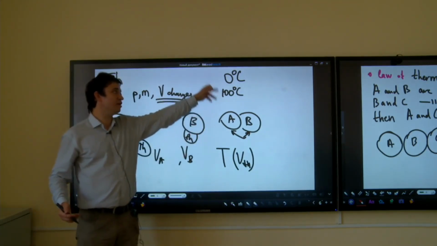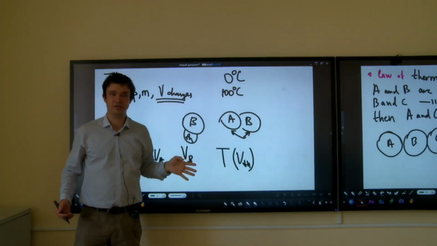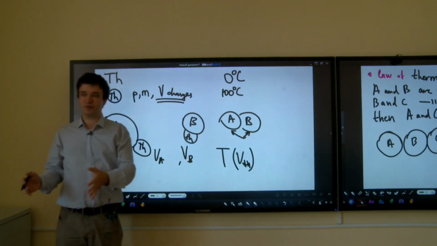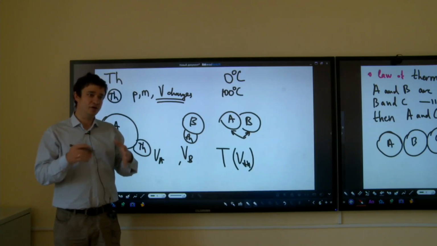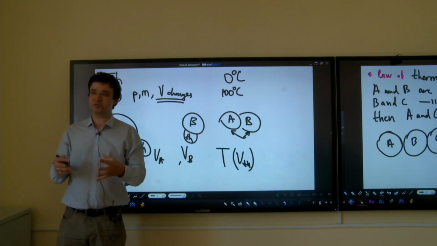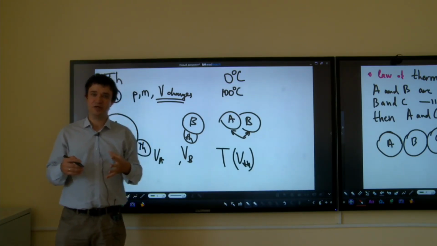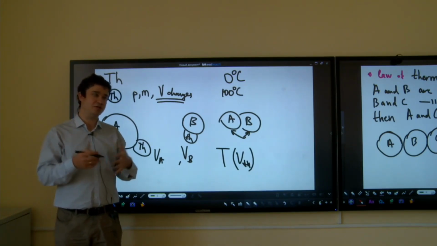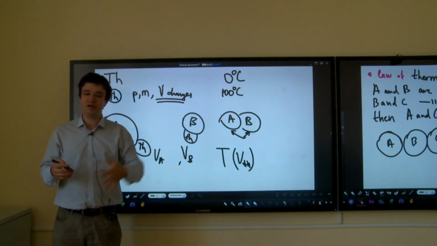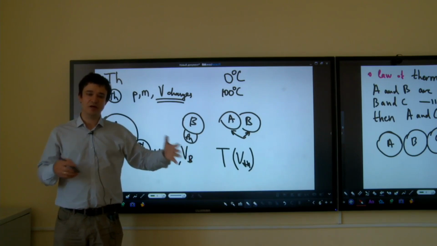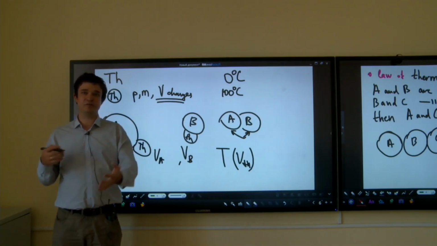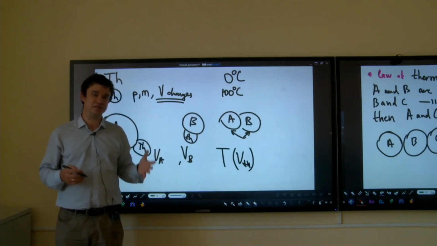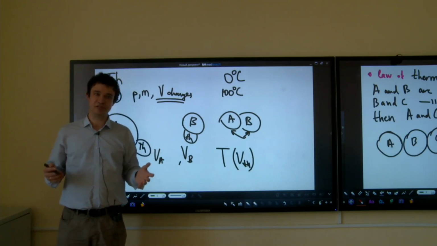Actually, the values are just a convention. So you declare something first, and then you explain the procedure which allows you to measure temperature. And this procedure should measure temperature in the same way in different parts of the world. And that would allow different people from different countries to compare their results.